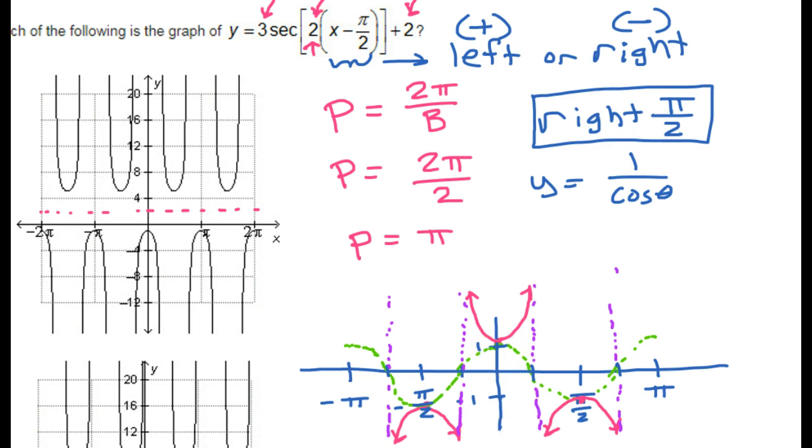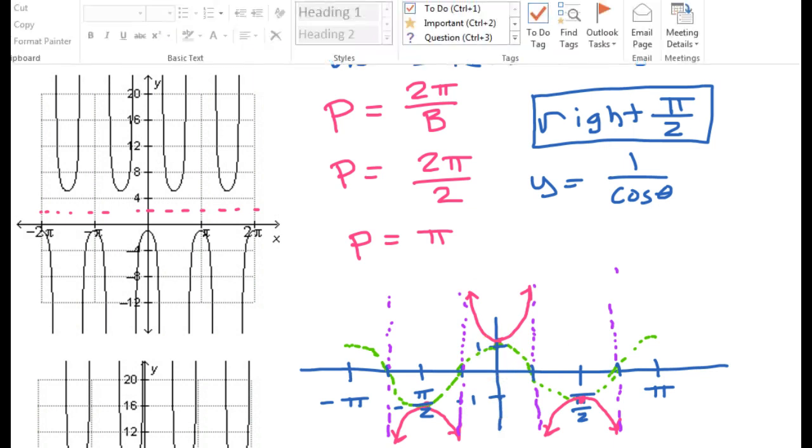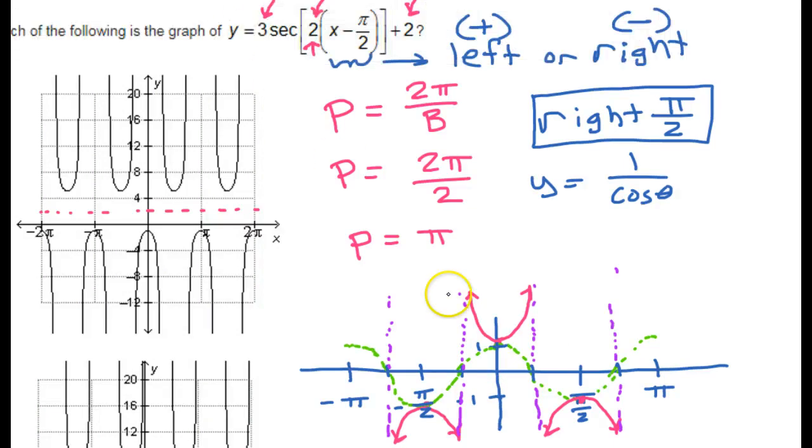Okay, I feel like I need a different color. I'll go ahead and use purple, even though I used that for my asymptotes. It's okay. So if I shifted this to the right by 2 marks, then I would have a loop right here.